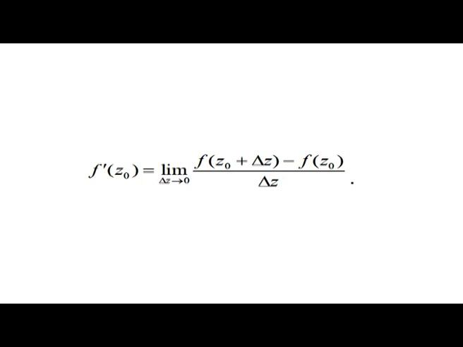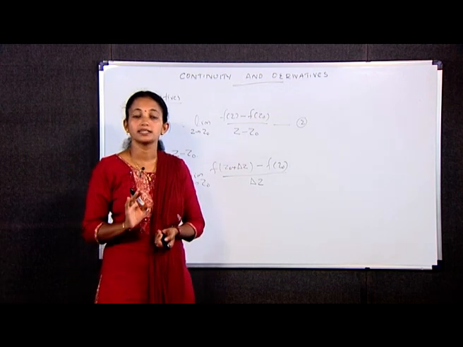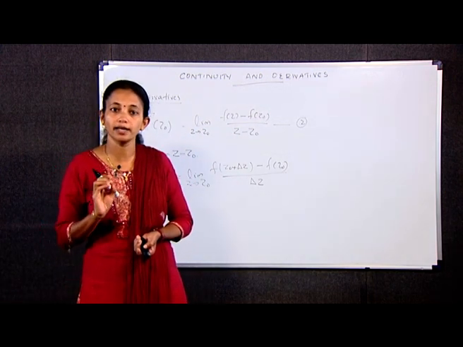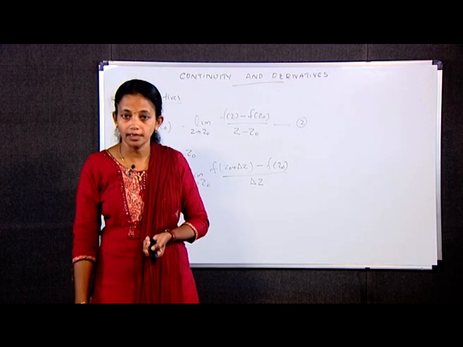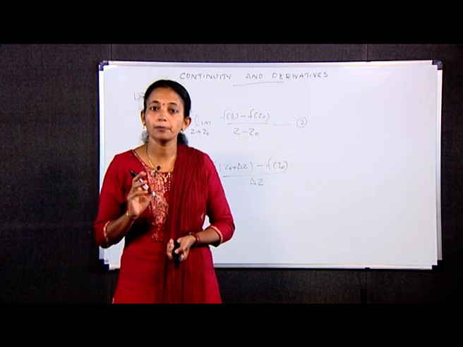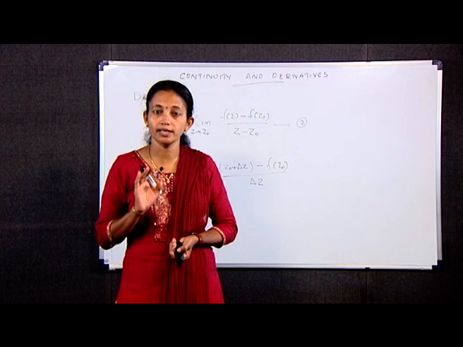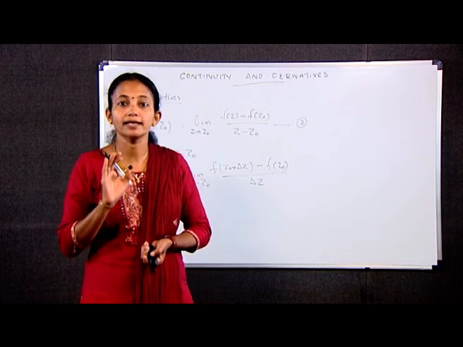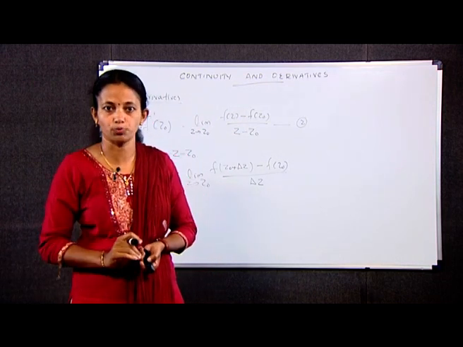Here note that since f is defined throughout a neighborhood of z0, the number f(z0 plus delta z) is always defined for mod delta z sufficiently small.